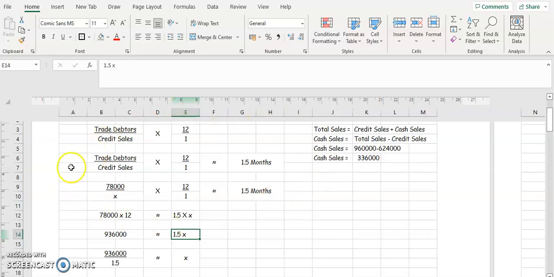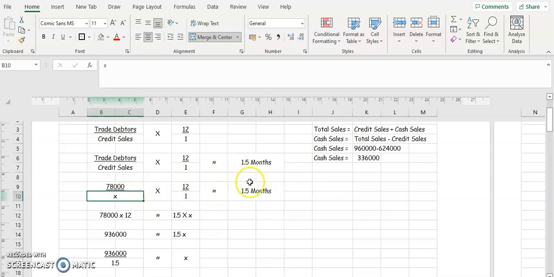So all we're trying to do, we've got our trade debtors, credit sales is X, 12 over 1 is equal to 1.5 months. All we're doing is just trying to get one line. Because we've got X here, we can cross multiply.